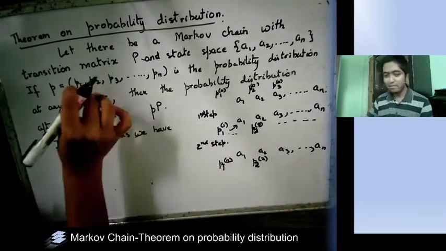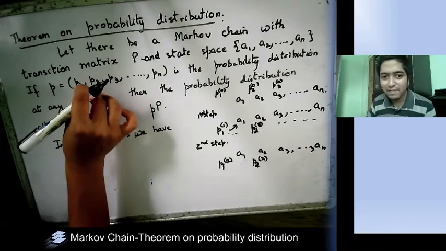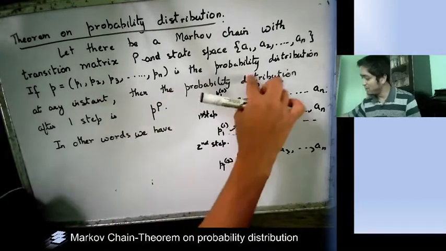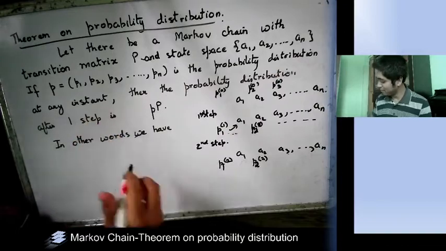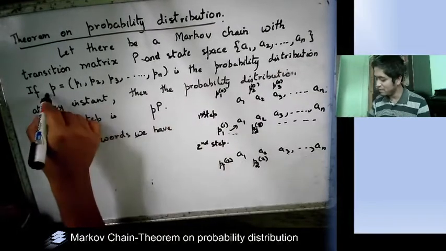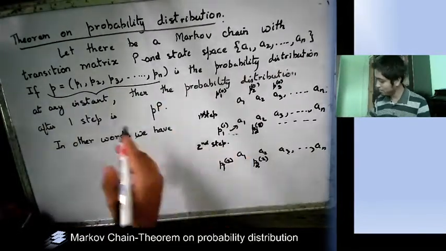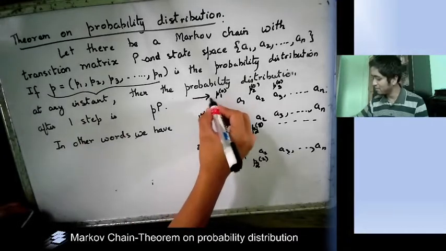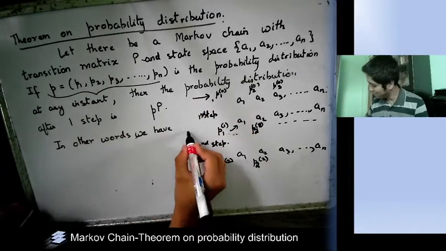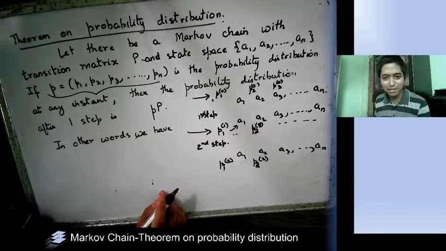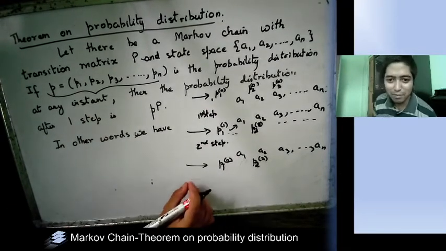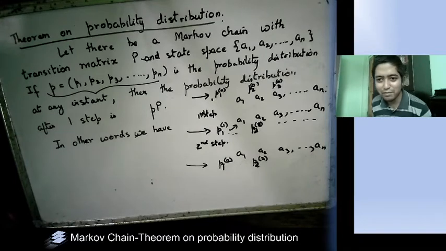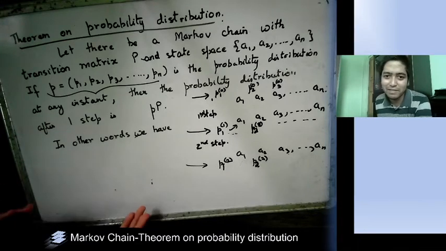But what this theorem says is that if p is the probability at any step, at any instant, we can take this p over here. It can be the initial probability, it can be the first probability, it can be the probability after 2 steps, it can be the probability after 3 steps.